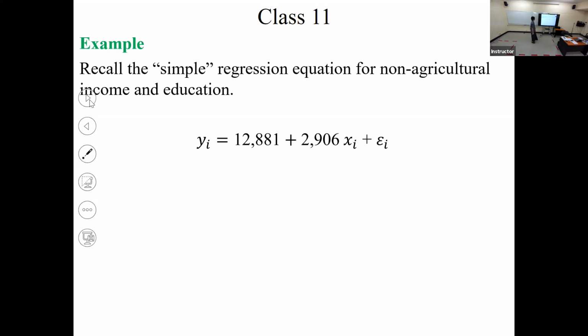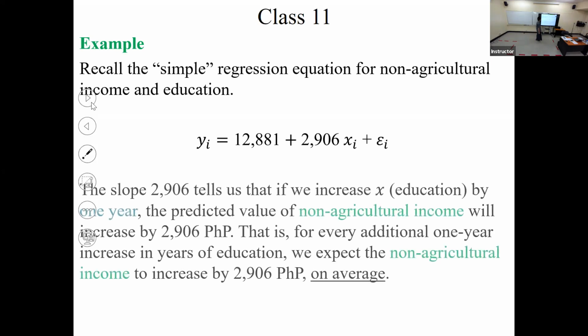Example: earlier we found the slope coefficient was 2,906. This slope tells you if we increase education by 1 year, then the predicted value of non-agricultural income will increase by 2,906 pesos.